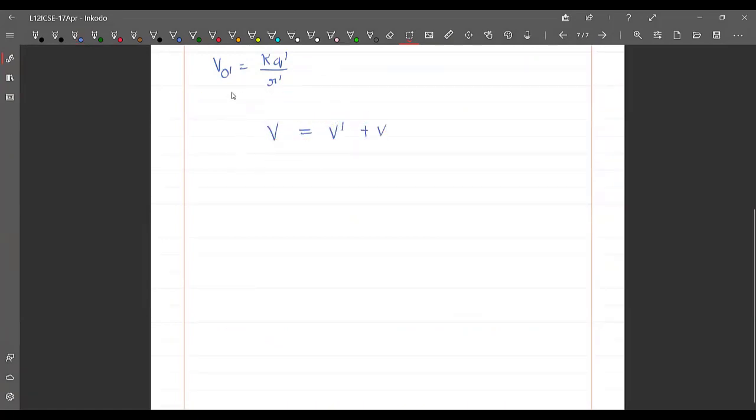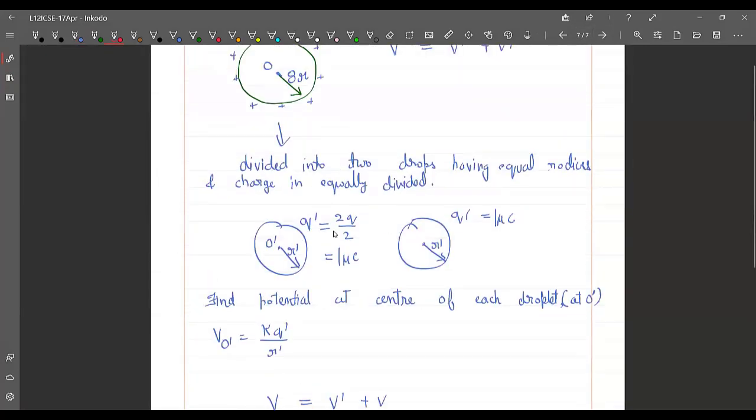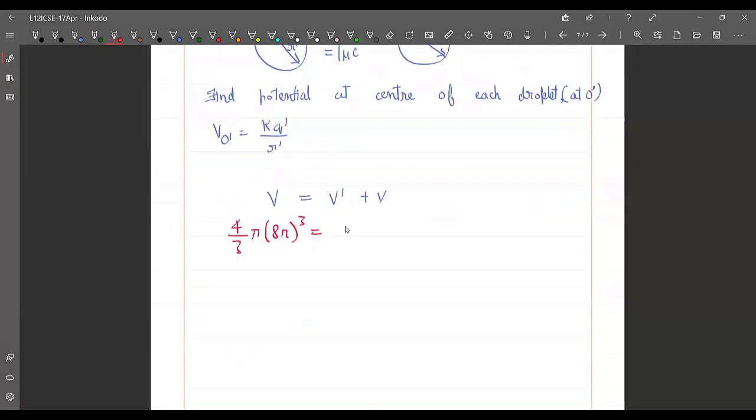So original volume had radius 8r. This had radius 8r. So from here, 8r cube is equal to twice of r dash cube.